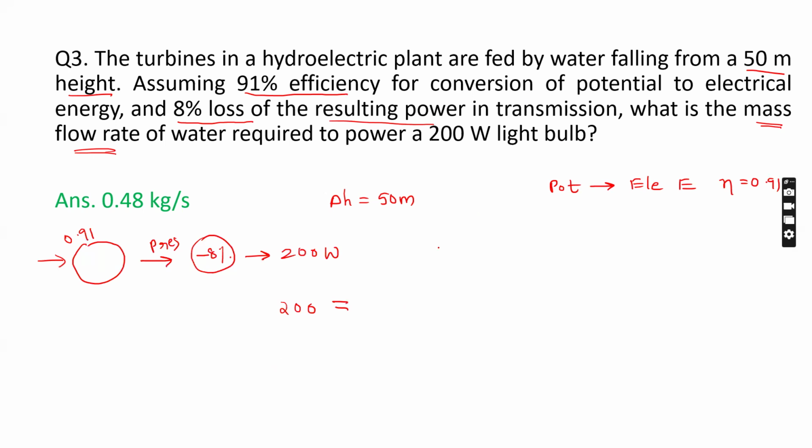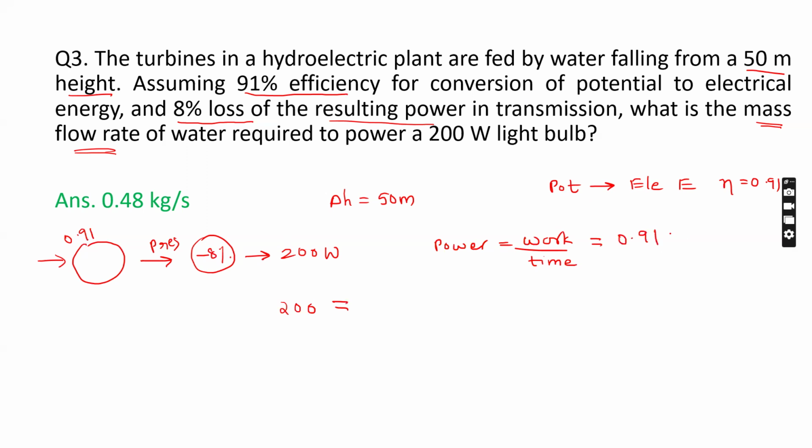okay, what is power? Power is equal to work by time. Or you can also say this is energy. Fine. Here, this energy is the electrical energy, which is coming from the potential energy, which is 0.91 into potential energy.